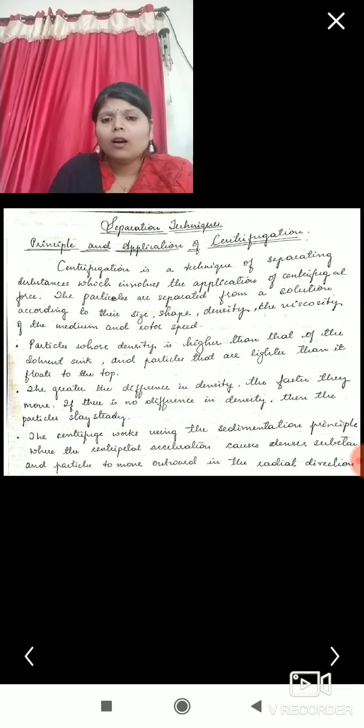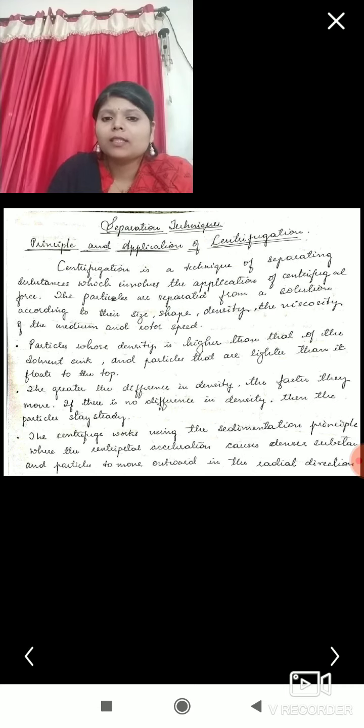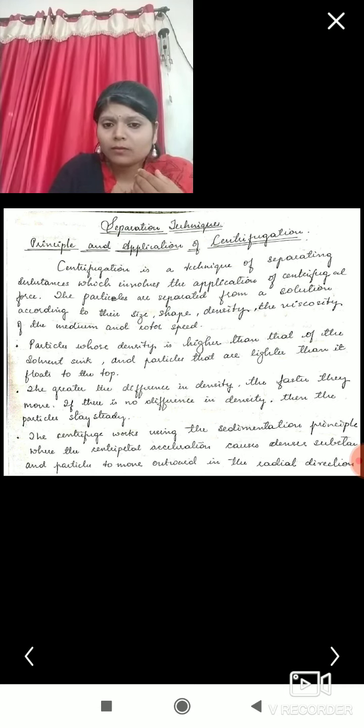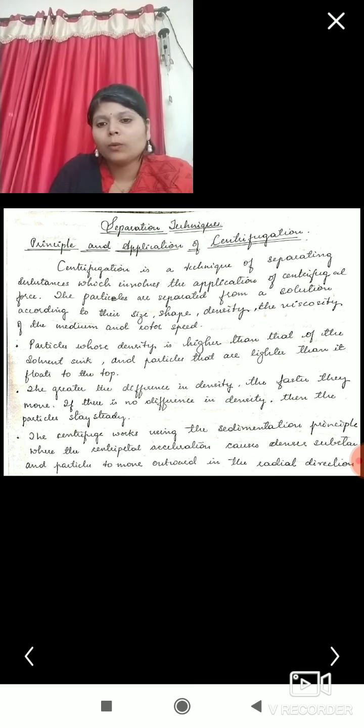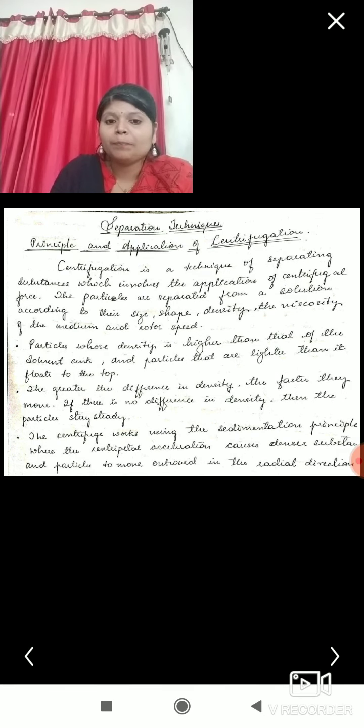So here, the particles whose density is higher than that of the solvent will sink, and the particles that are lighter than the solvent will start floating on the top. The greater the difference in the density, the faster is this particular mechanism.